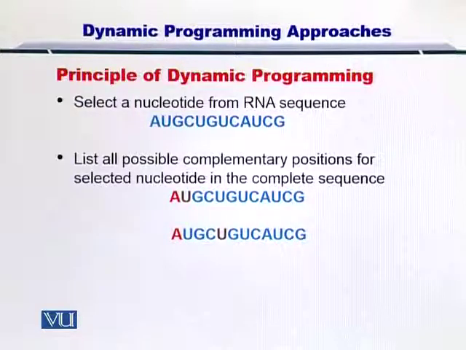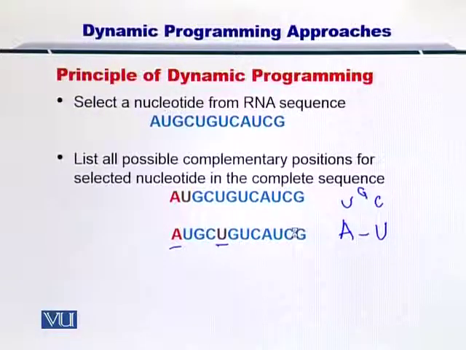Same sequence, but two different nucleotides. So in this case, the RNA secondary structure that will be formed will be something like this. A will make a bond with U, right? And between A and U, you will have three nucleotides, U, G, and C, that remain uncoupled.